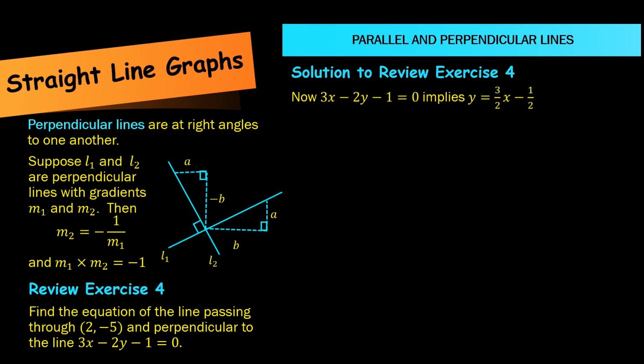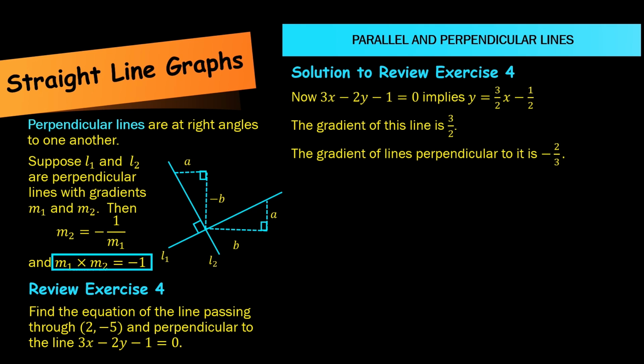We've simply rearranged the equation to make y the subject of the equation. The gradient of this line is 3/2. Therefore, the gradient of lines perpendicular to it is -2/3.